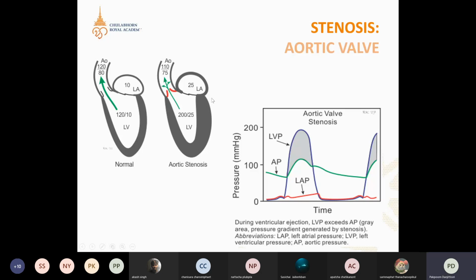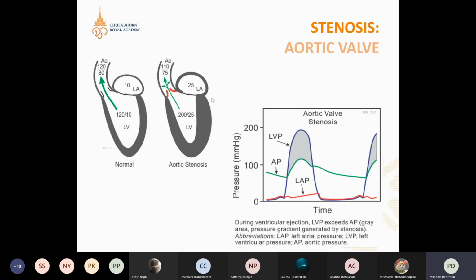Before you think of a stenotic valve or regurgitant valve, you have to think of which chamber is preceding the valve and which chamber is following the valve. For example, in aortic stenosis, the preceding chamber is the LV, right? It is preceding the valve.